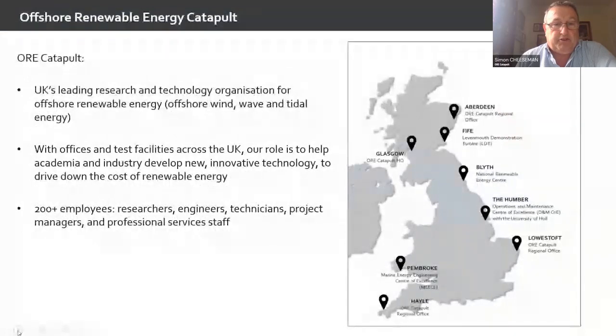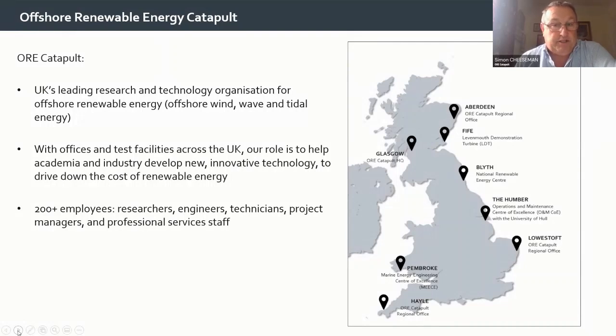Thank you. So here you can see a map of the UK. The Catapult is a UK-wide national organisation. We're an independent, not-for-profit technology innovation organisation, and we're designed to work with academia and industry to help develop innovative technology that drives down the cost of energy. And you can see down in the bottom left of your screen on the map is our office in Hale.